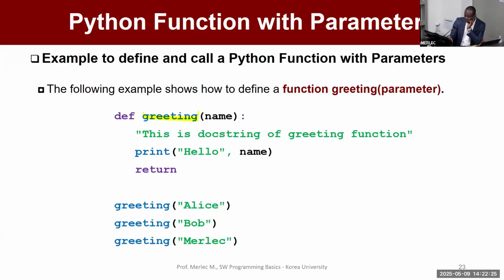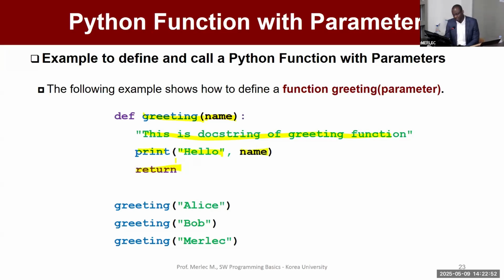So here we define the function, and then we define a formal parameter, which will be the variable name. The doc string explains what the function does. It's just a greeting function, and then the statement here is print hello with the name that will be passed to the function.